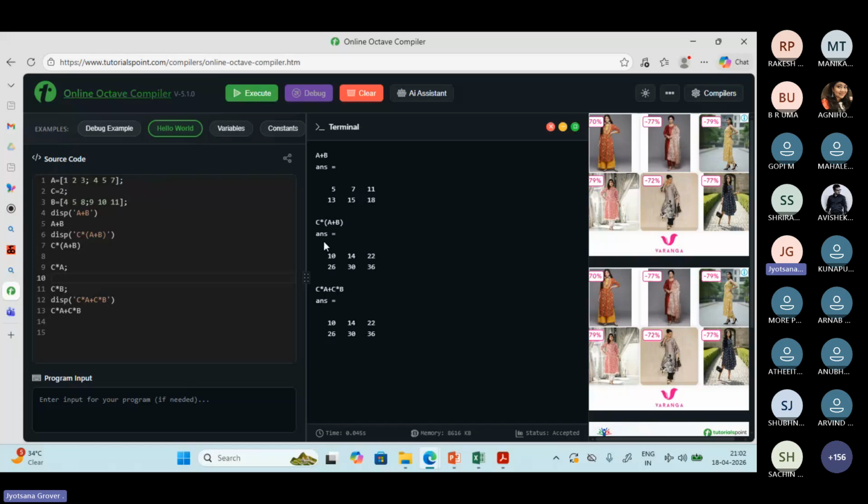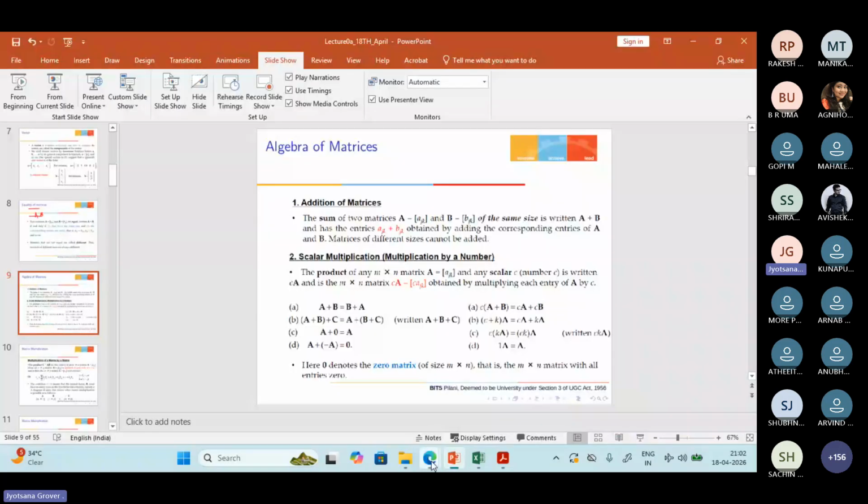And now these entries are equal to C into A plus C into B. C into A you compute, that means you multiply every entry of A with C and then you add it to C into B. That means you multiply every entry of B with C and then add with this C into A. So see, the result is going to be the same. Is it okay? Any doubt?